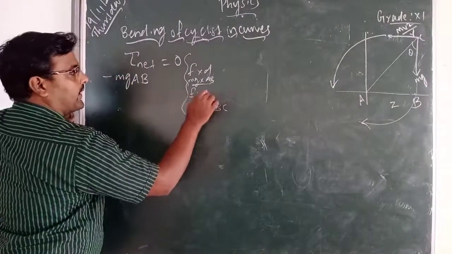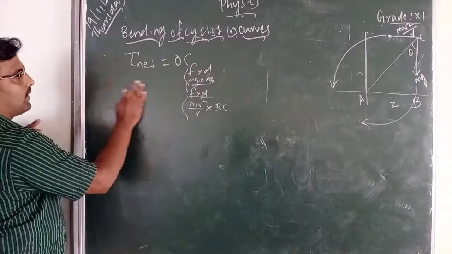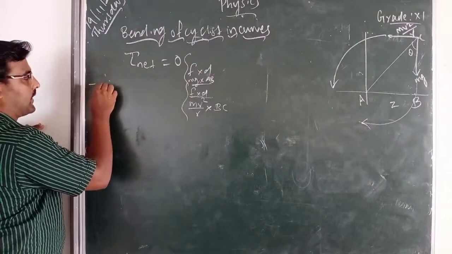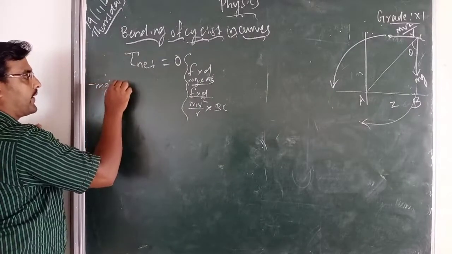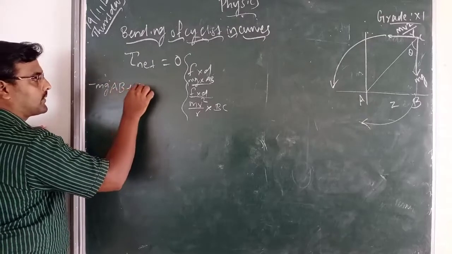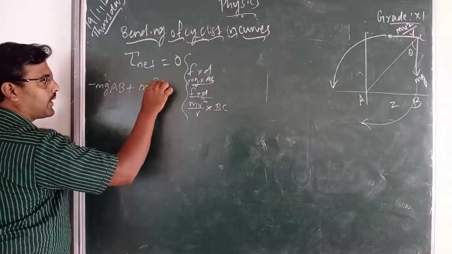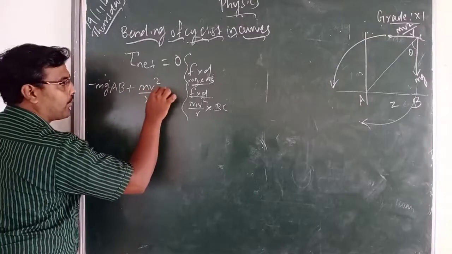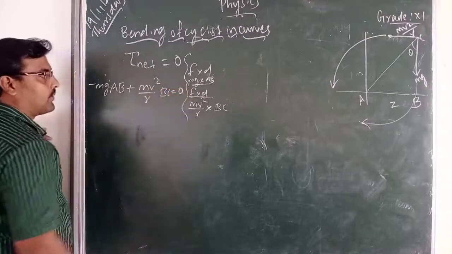Now you can find the net torque. The net torque is minus mg AB plus mv square by r BC equal to 0.